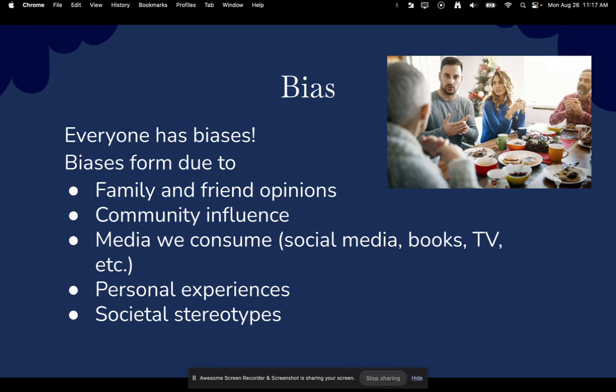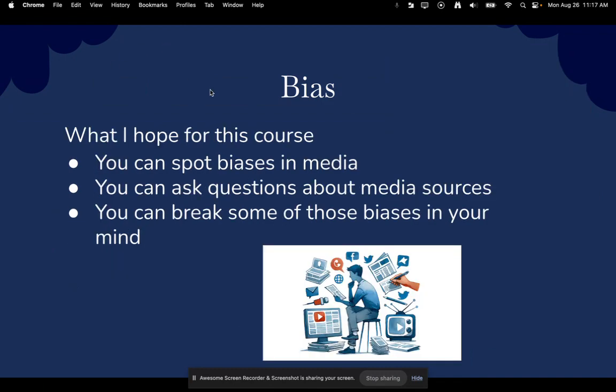Personal experiences, and also societal stereotypes. So, what I hope for this course is that you can spot biases in media and that you can ask questions about media sources. Where are they getting this information from? And also that you can break some of those biases in your own mind, which is hard to do.